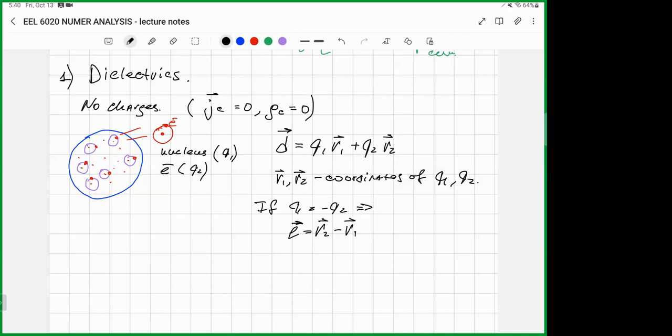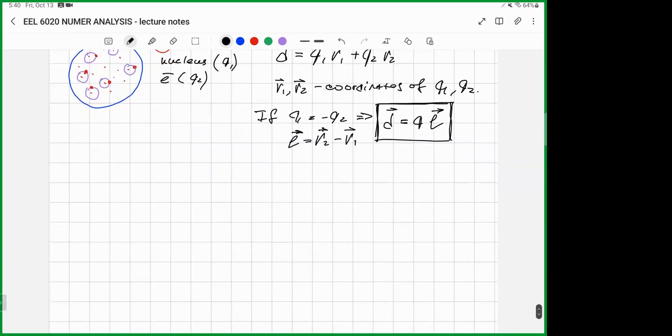The distance, the separation between two charges. We come to this well-known formula: dipole moment equals the charge, either nuclei or electron, times the dipole shoulder L, the separation between charges. Okay, so this is the dipole moment.